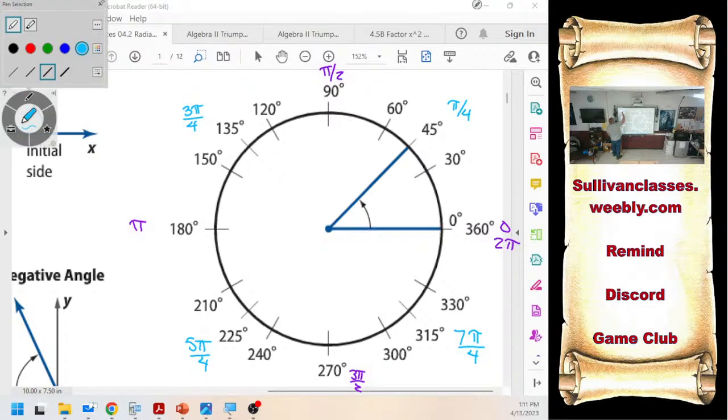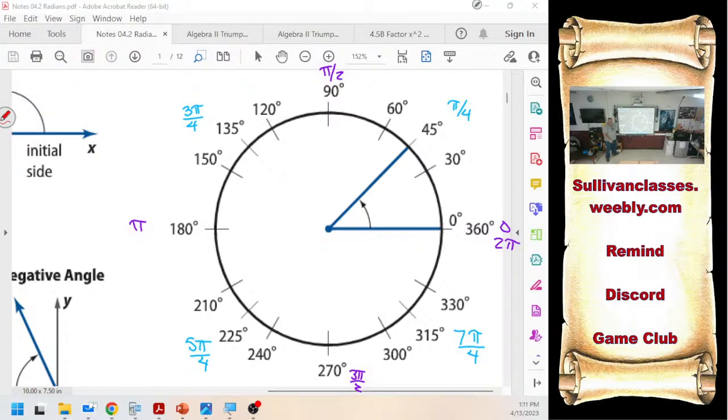Okay, what if I were to count by 30-degree increments? Pi over 6. It's a sixth of the way, right? 180 divided by 30, 1/6 of the way. So this is 1 pi over 6.